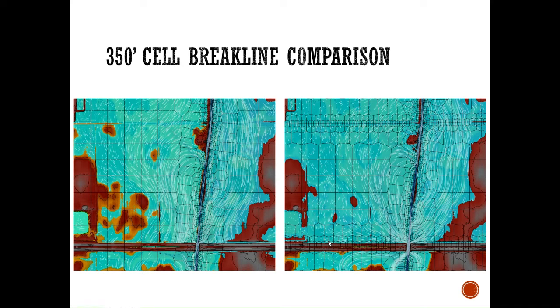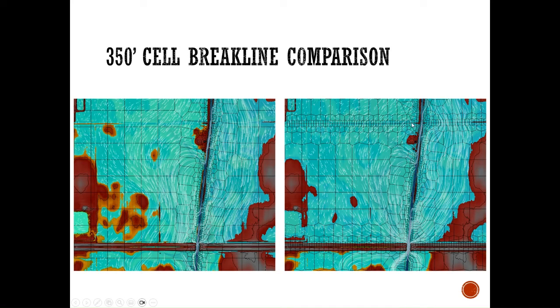When we compare the results, on the left-hand side the particle tracers show that the model is basically allowing flow to move through the roadway embankment and not necessarily constrict down to the bridge opening, because of the lack of a break line or cell faces along the roadway embankments.